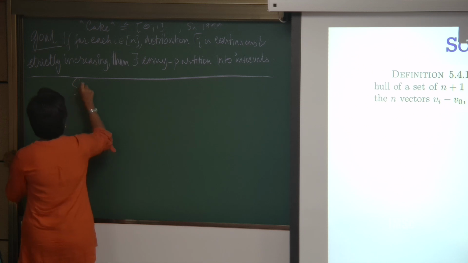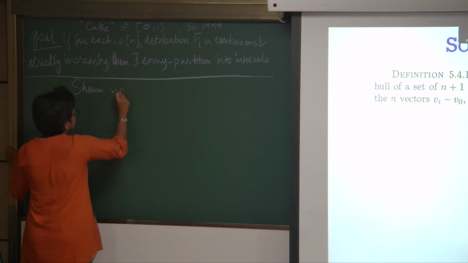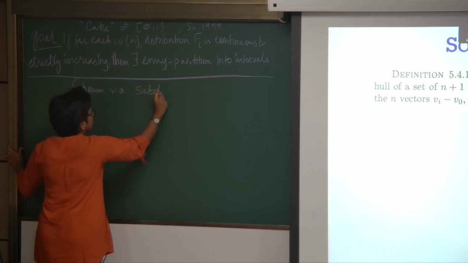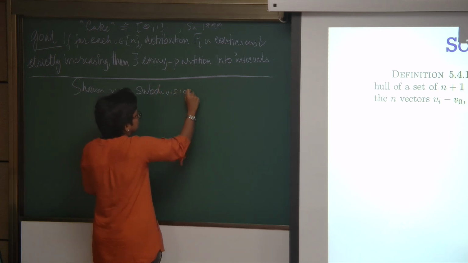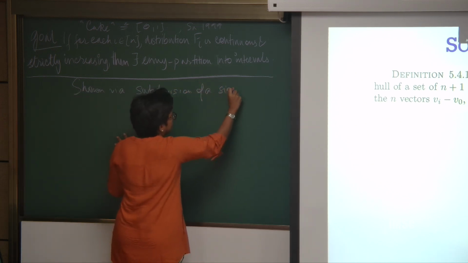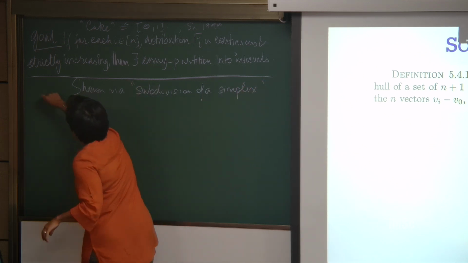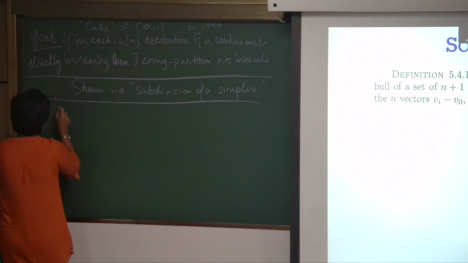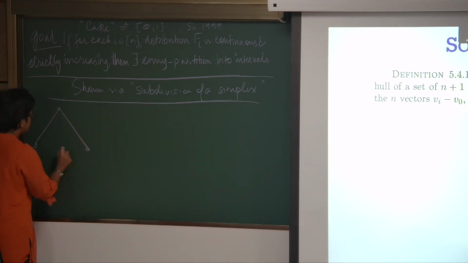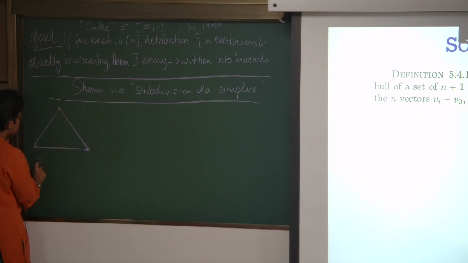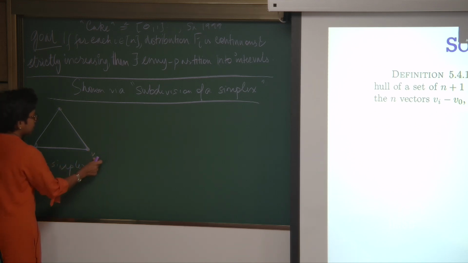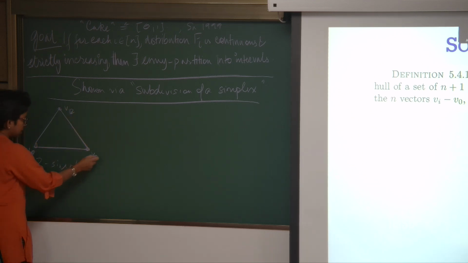I will show a special subdivision of a simplex. Okay. So, think of many colorful pictures of a triangle. So, always think in terms of a 2-simplex, okay, described by, let us say, vertices V0, V1, V2. Okay.